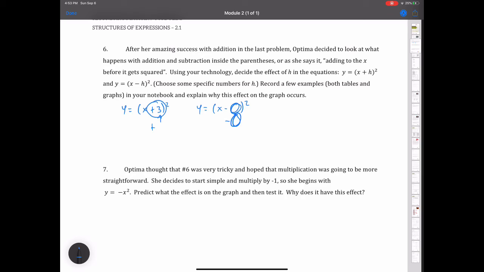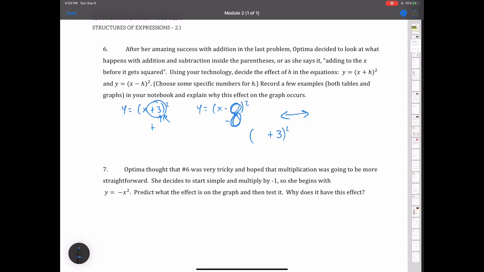So hopefully what you found is that this moves left to right, okay? So what we should have found out is if we have a plus 3 within the parentheses, like this first one, that actually moves it.